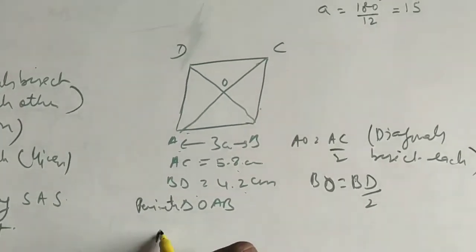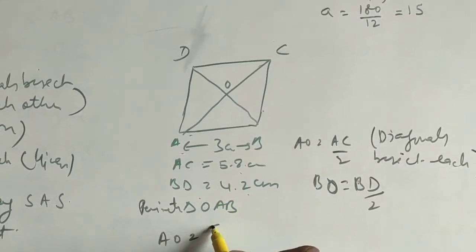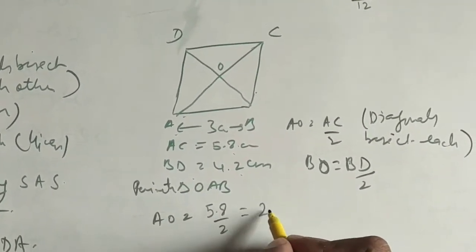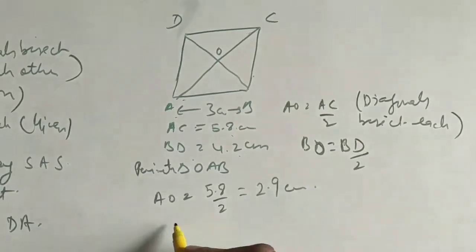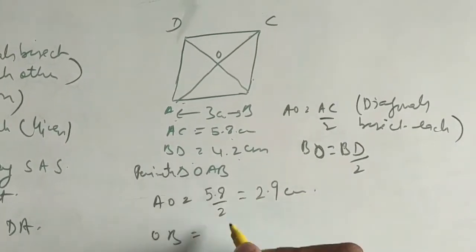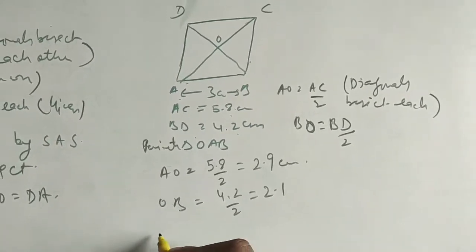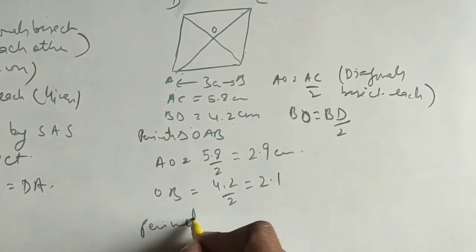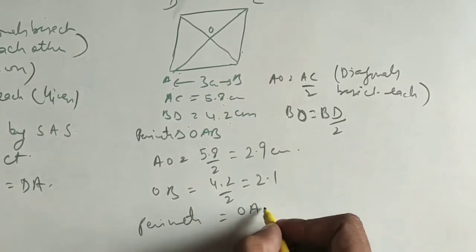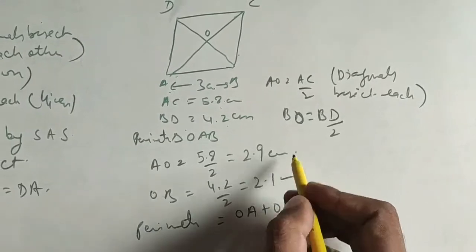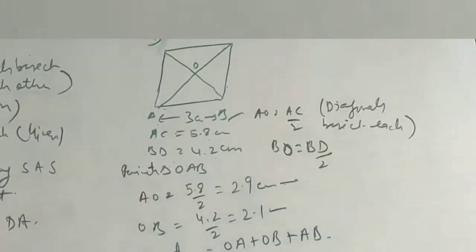So clearly AO is equal to 5.8 divided by 2, that will be equal to 2.9 centimeters. OB will be half of 4.2, that will be 2.1. So clearly perimeter will be OA plus OB plus AB. So now we can add these three sides to get the value.